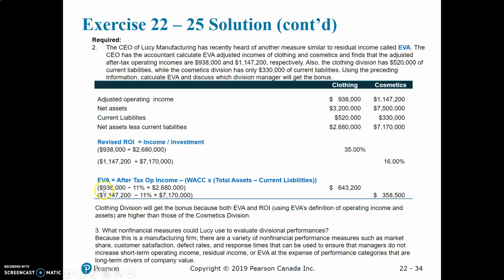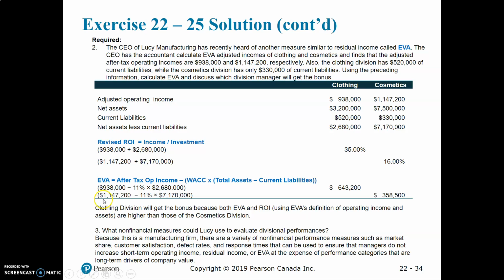So for our clothing division, our revised after-tax operating income is $938,000 minus 11% weighted average cost of capital times our net investments of $2.68 million, which gives us an EVA of $643,200 for the clothing division.